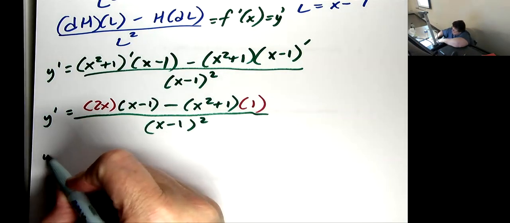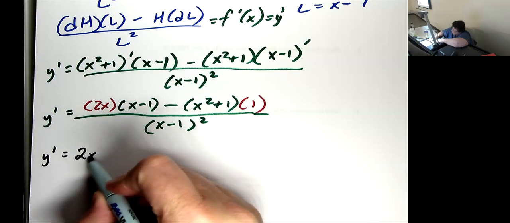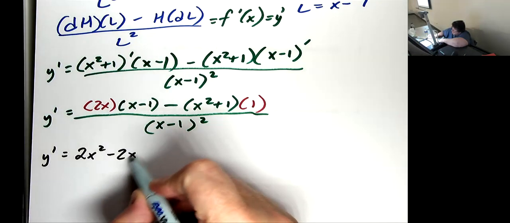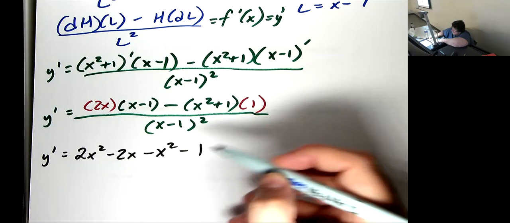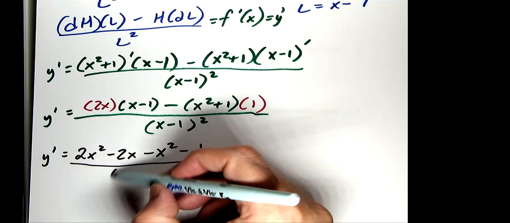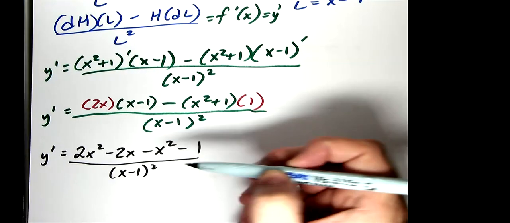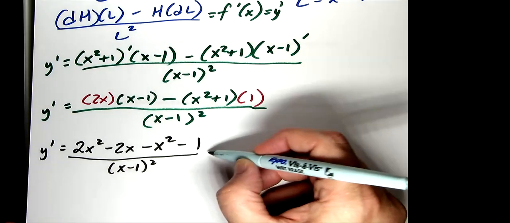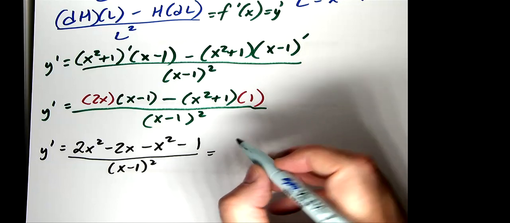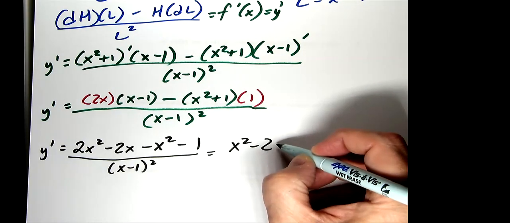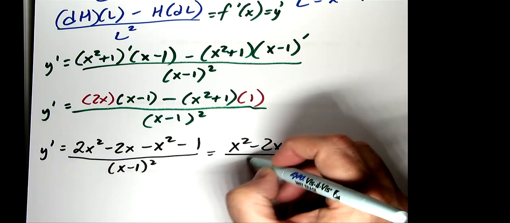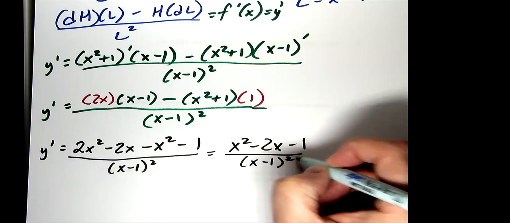I've got y prime equals 2x squared minus 2x, and then minus an x squared minus a 1. On the bottom, I'm going to leave it alone. See if anything cancels when we combine like terms. When we combine like terms, we have x squared minus 2x minus 1 over x minus 1 squared.